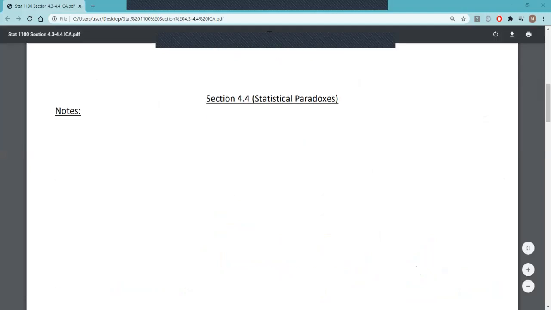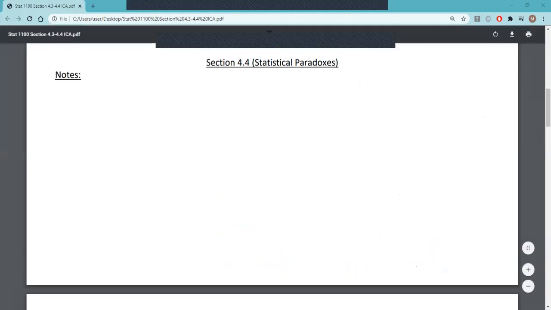So for example, we can have what is called Simpson's paradox.